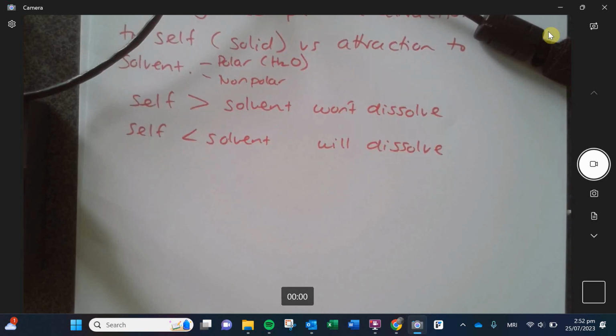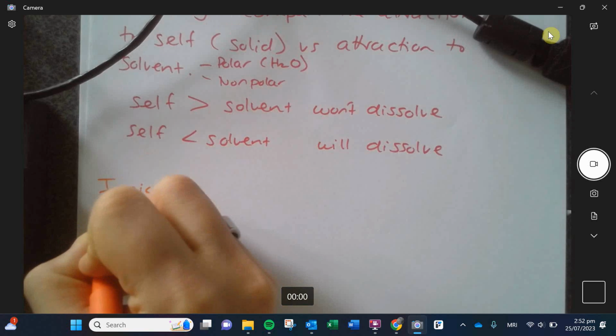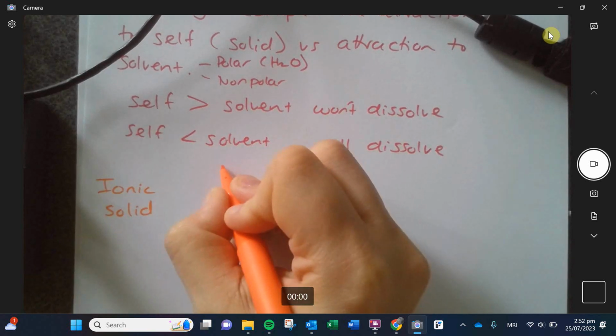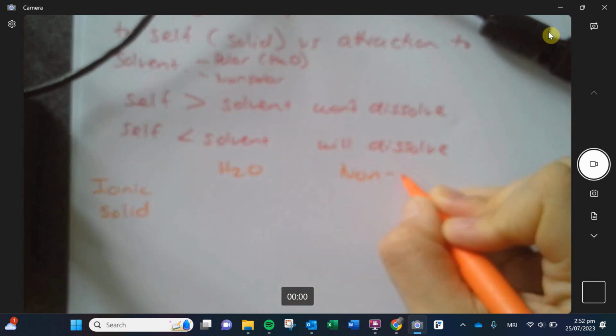So I'll just make a quick little table for you guys. So with the types of solids, we had the ionic solid. And we're thinking about it if it's in water versus a nonpolar solvent.